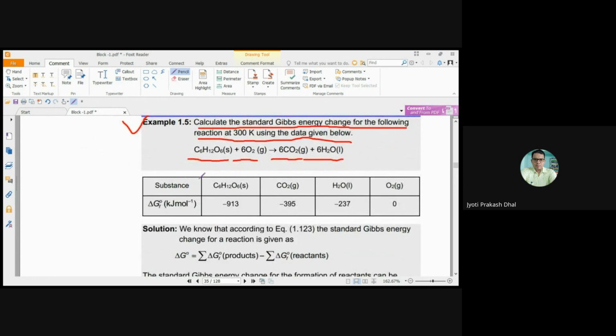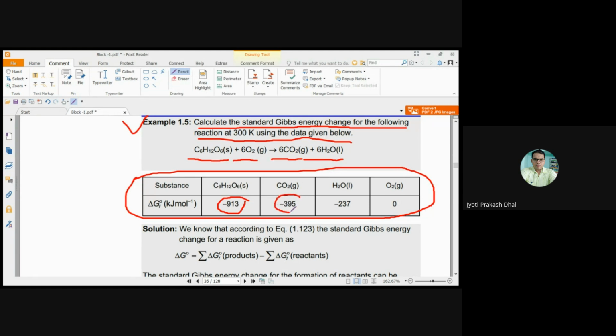In the reactant side you will find glucose plus oxygen, and in the product side carbon dioxide and water. In the question it is given that the standard Gibbs free energy of formation of glucose is minus 913 kilojoule per mole. The standard Gibbs energy of formation of carbon dioxide is minus 395 kilojoule per mole. Similarly, the standard Gibbs energy of formation of water is minus 237 kilojoule per mole.